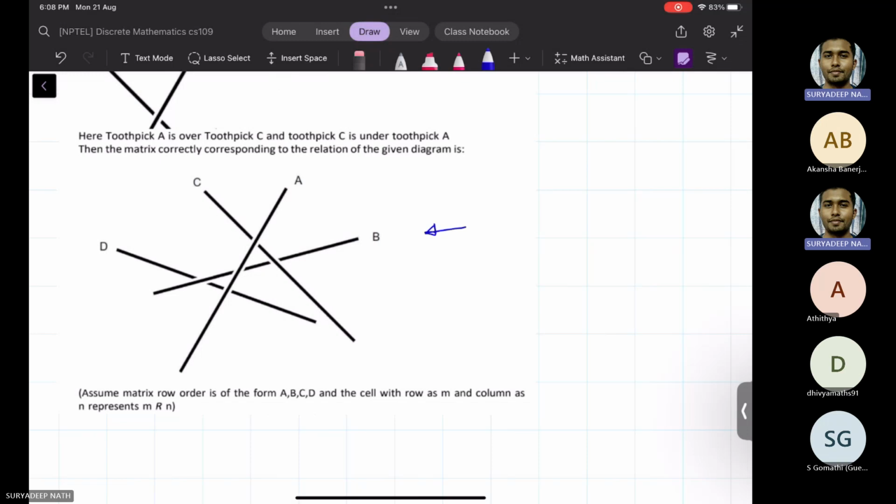They say that the relationship matrix is an n cross n matrix whose rows are of the form A, B, C, D, and the cell with row M and column N represents M R N. So we'll have to create a relationship matrix R. This is a 4 cross 4 matrix whose rows will be A, B, C, D, and columns will also be A, B, C, D.